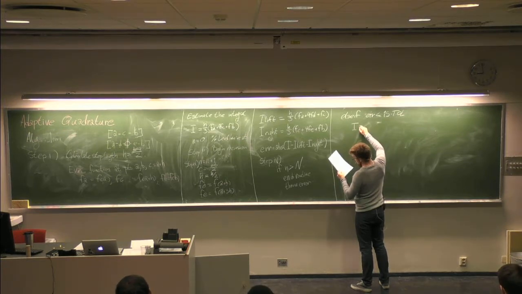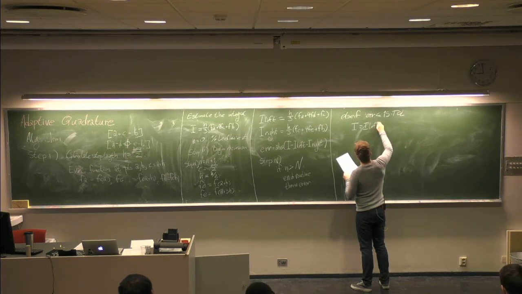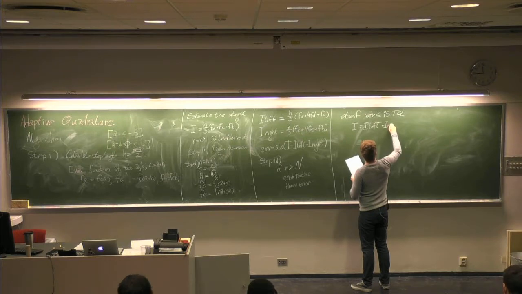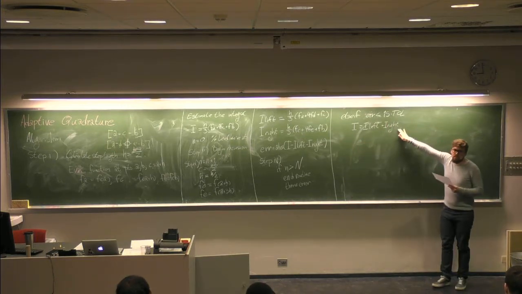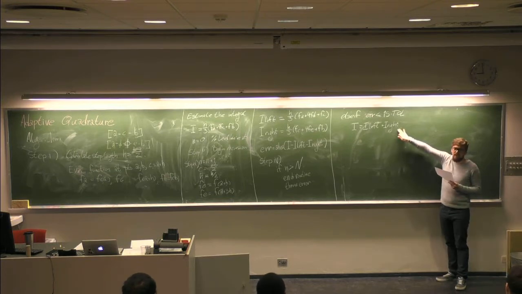Then we say that the integral is I left plus I right. And you can actually do slightly better here. I haven't covered it yet. It's something called Richardson extrapolation, which gives you a more accurate answer.